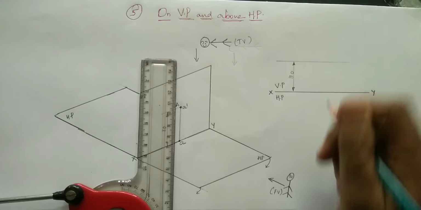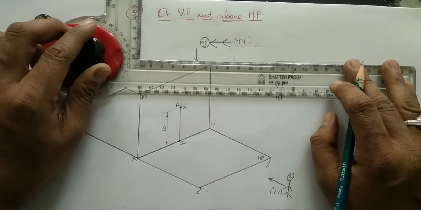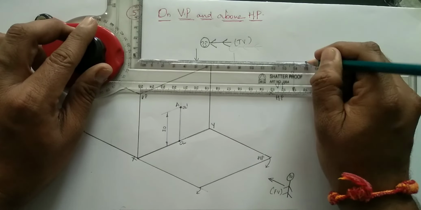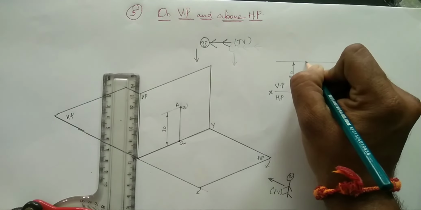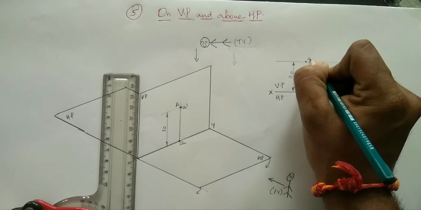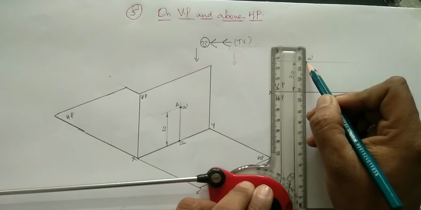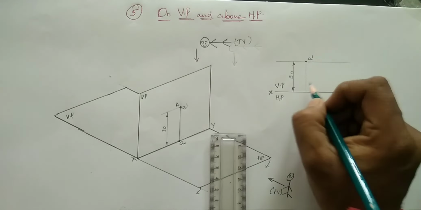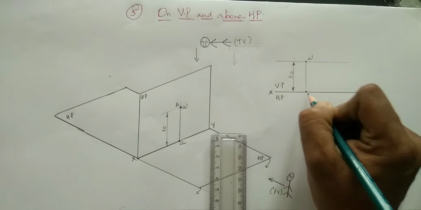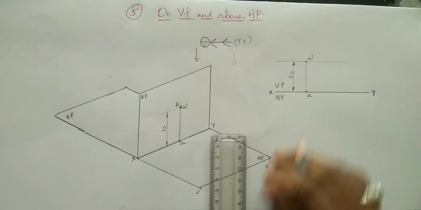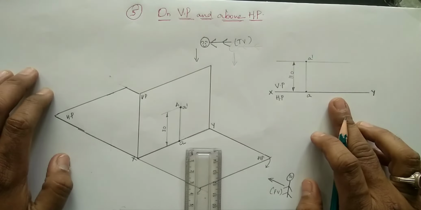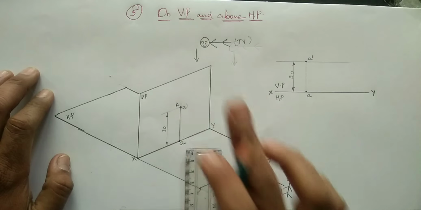On this, measure the distance, locate the point over here, marking it as A dash. Now draw the projection line touching the point, touching here, marking it as a. This is what the fifth consideration is about.